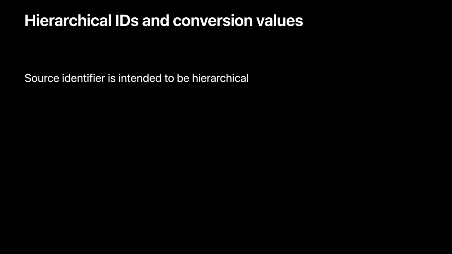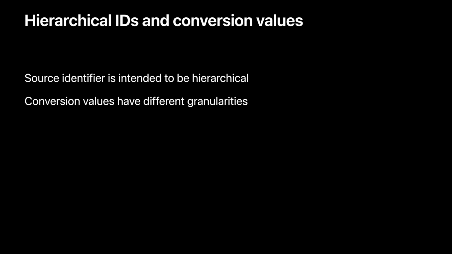Here are some recommendations on adopting the new hierarchical IDs and conversion values API. Different portions of the source identifier will be returned depending on the privacy level of the install. Consider this when composing source identifiers for your impressions. Coarse conversion values are at a much lower granularity than fine conversion values.